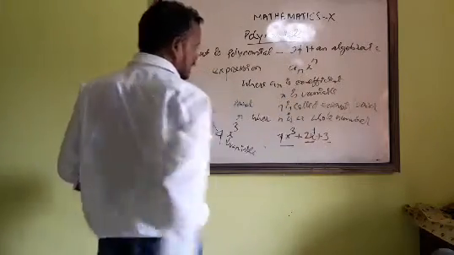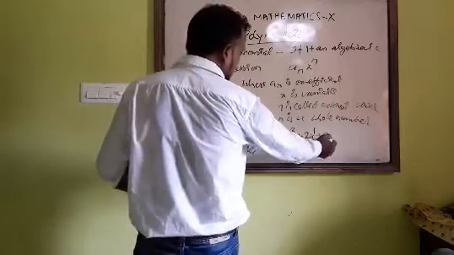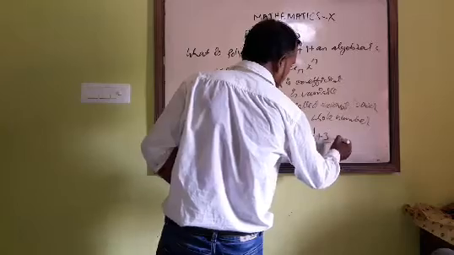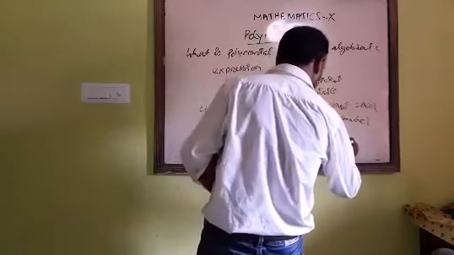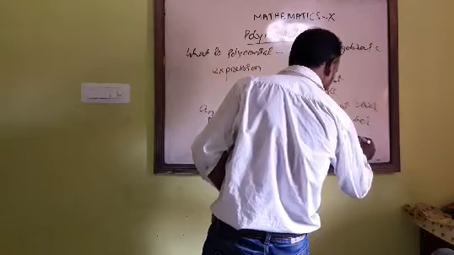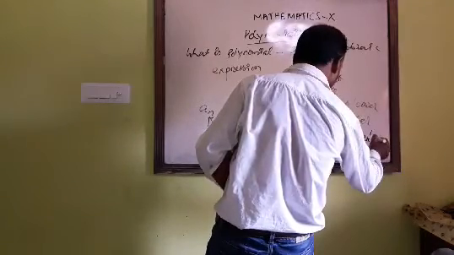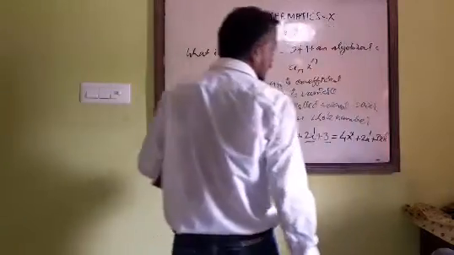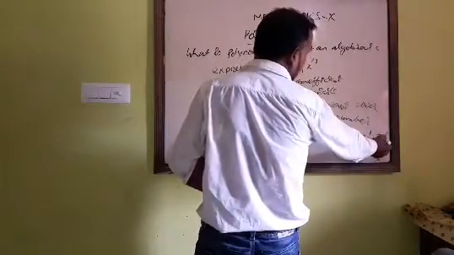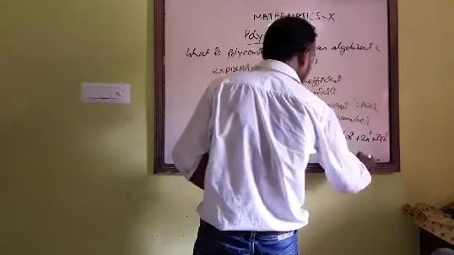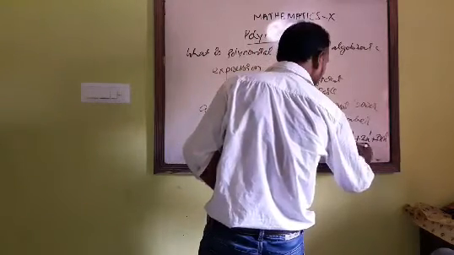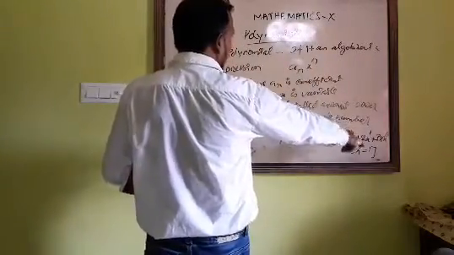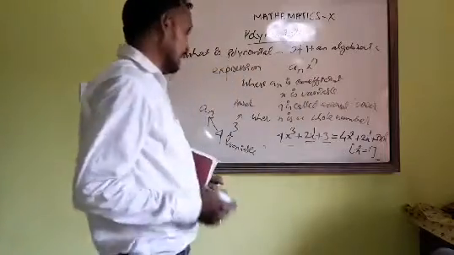Similarly, the third term, 3, can be written as 3 into x to the power 0, and the value of x to the power 0 equals 1. So each of the terms has the general form a_n x to the power n.